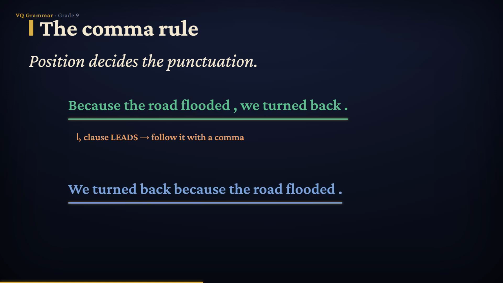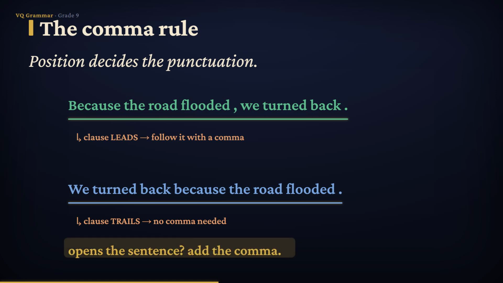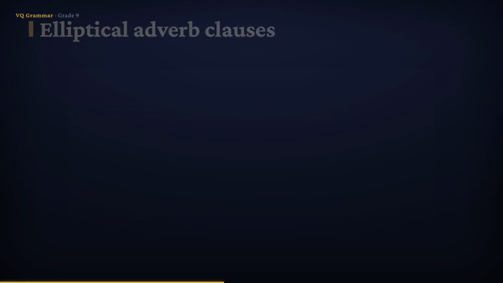We turned back because the road flooded. This time the clause comes at the end, and when it trails behind the main idea like that, you don't need any comma at all. So here's the whole rule in a nutshell. If the adverb clause opens the sentence, set it off with a comma. If it closes the sentence, leave the comma out.